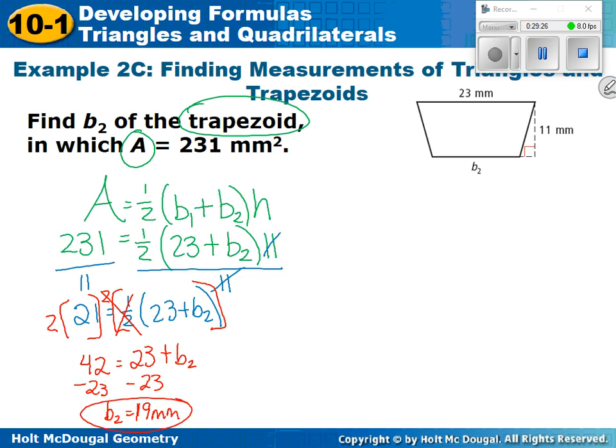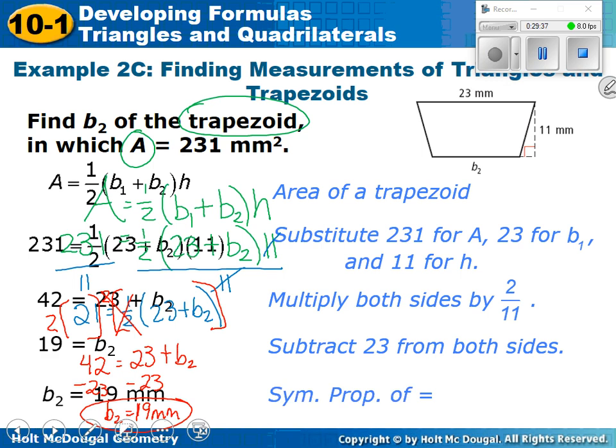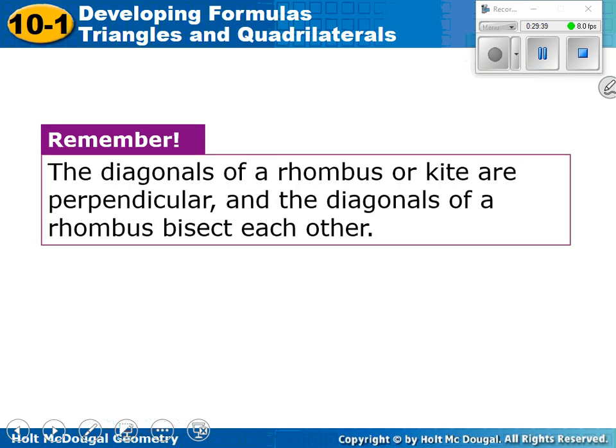Anybody need me to work it a different way because you didn't get 19 and you don't understand where you went wrong? Okay, moving on. Okay, last two formulas for today are going to deal with the rhombus and the kite. And again, it's going to be really important that you remember your special properties of your rhombus and your kite.